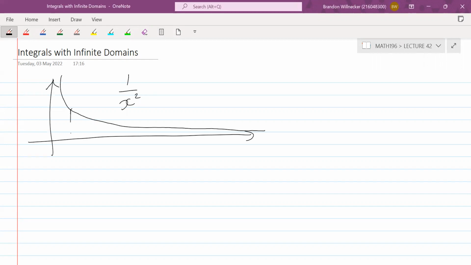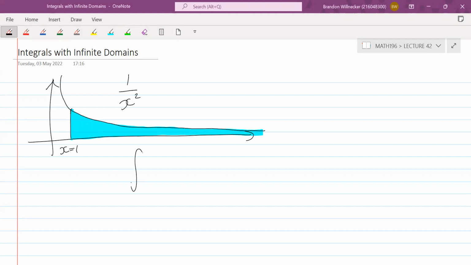So what we would like to know is if we start at the point x equals 1 and we look at this area all the way out to infinity, is this area finite or not? Can we write this total area as a finite number, or maybe it diverges and the area goes off to infinity? That's the question we're asking.